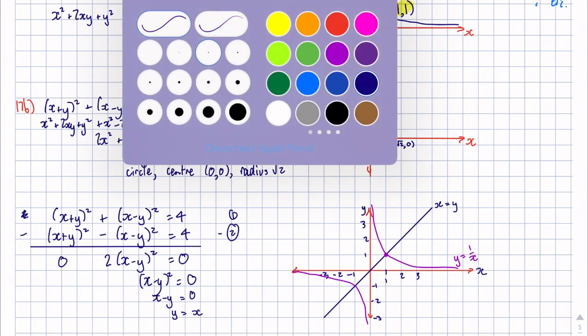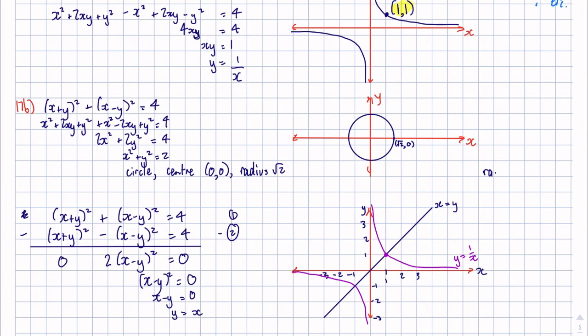Now this circle has a radius root 2. I know x squared plus y squared equals 2. When x equals 1, I'm just subbing that in: 1 plus y squared equals 2, so y equals 1 and negative 1.